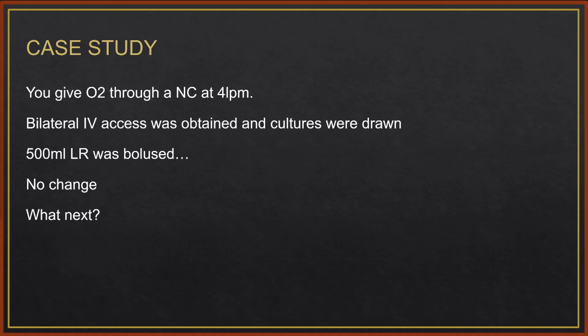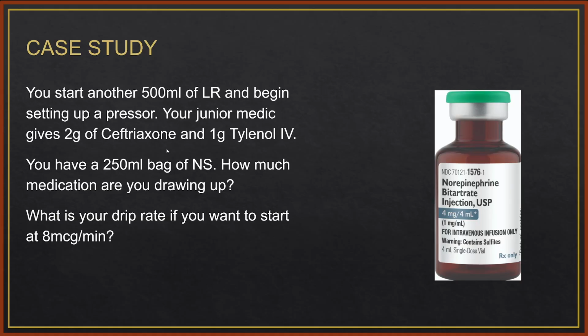Yeah, another 500. LR, yep. And so you start another 500 of lactated ringers, and you begin to start up a pressor as that is going in. Your junior medic gives 2 grams of ceftriaxone and a Tylenol for his fever.